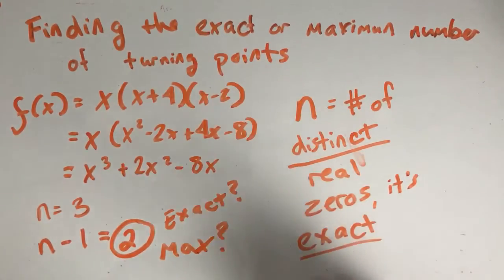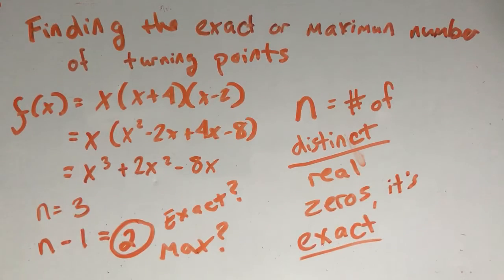Okay, if not, it's just a maximum. All right, so if n is equal to the number of distinct real zeros, it's exact.